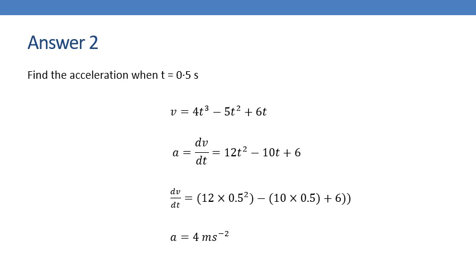And 4t cubed goes to 12t squared. We reduce the power and we get 3 times 4 to make 12. 5t squared: we reduce the power, so we get t, and we get 2 times 5 to give us 10. 6t goes to 6. And we substitute in our time to give us our acceleration.